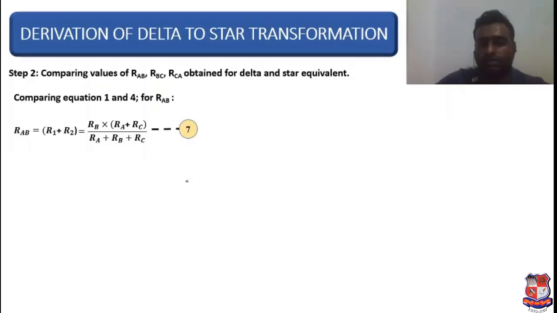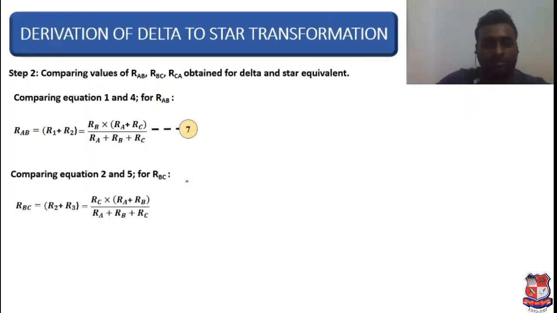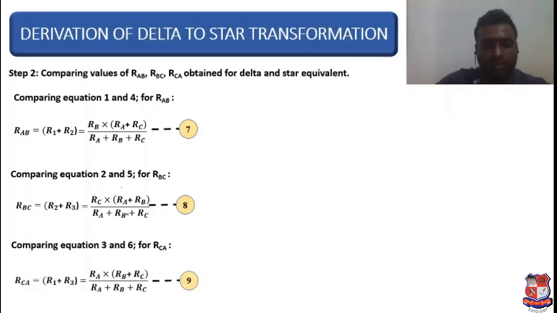This will give us equation number 7. For RBC, this will be this value, and this is equation 5. Further we will solve, and it will give this as equation number 8. Compare this for the third and sixth equation. So we will get RCA, that will be R1 plus R3, equal to these values.